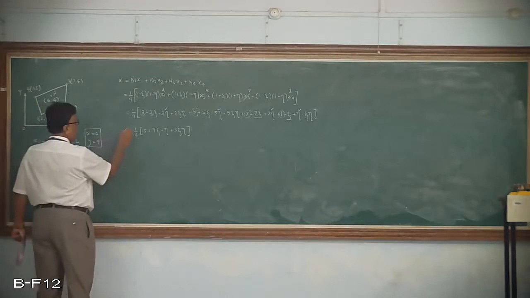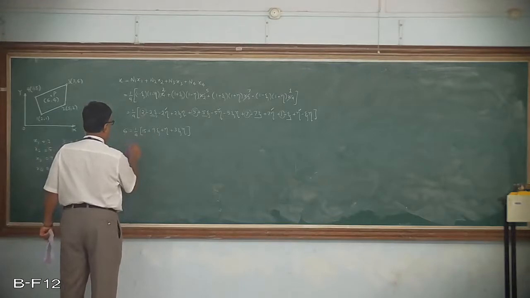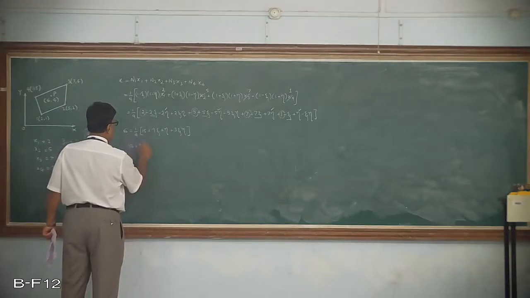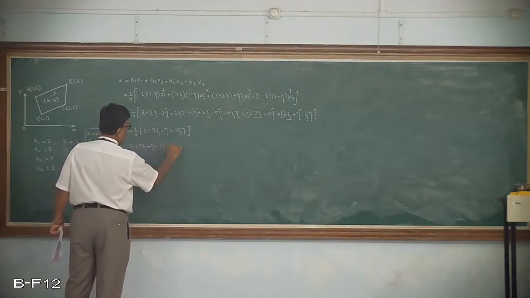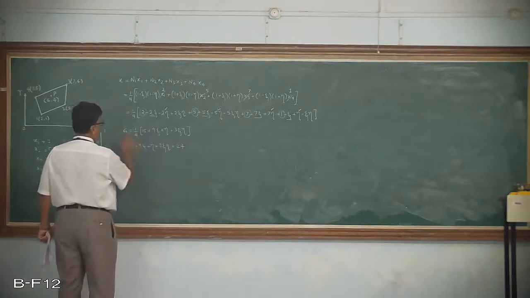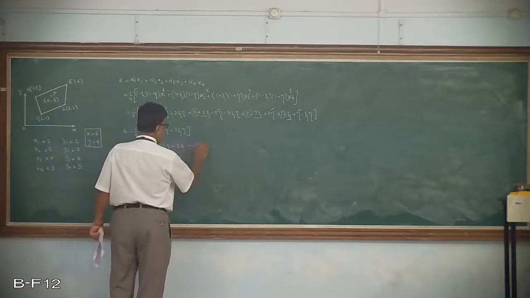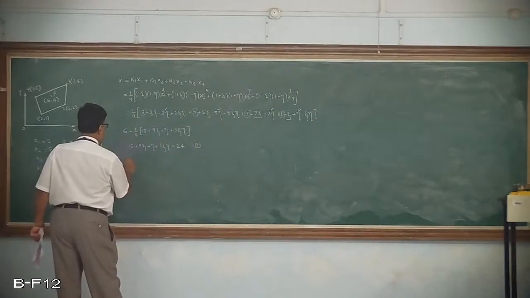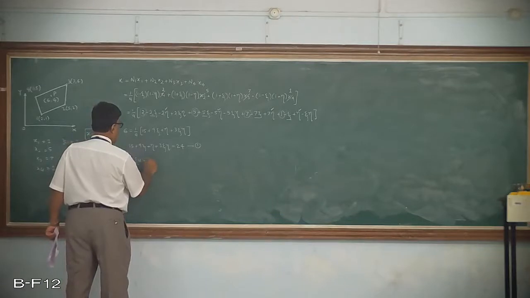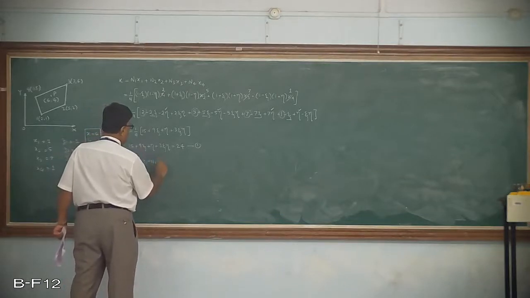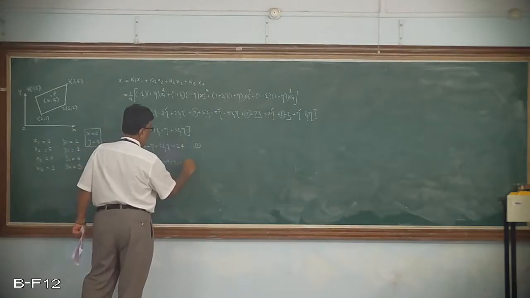If I take 6 here and multiply, I get 15 plus 9 zeta plus eta plus 3 zeta eta equal to 24, because 4 times 6 is 24. So this is the first equation. In a similar way, if I write y, it is going to be N1 y1 plus N2 y2 plus N3 y3 plus N4 y4.